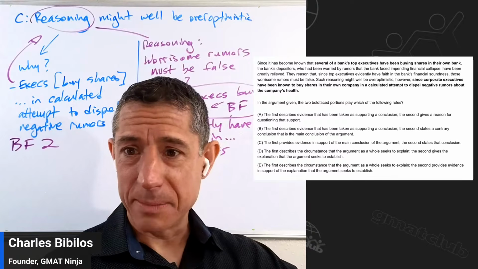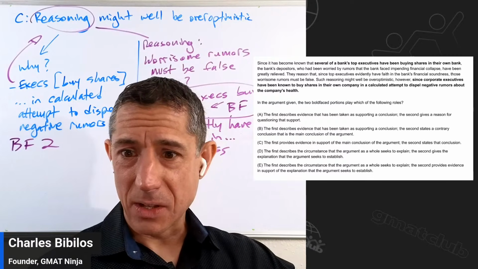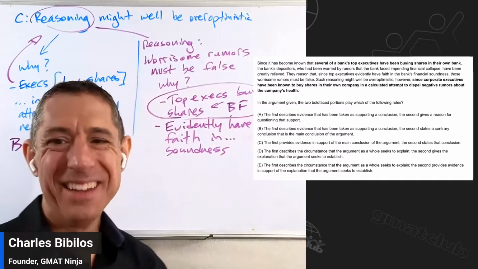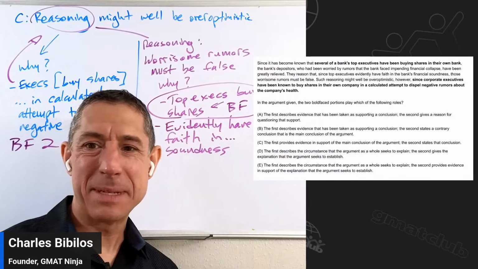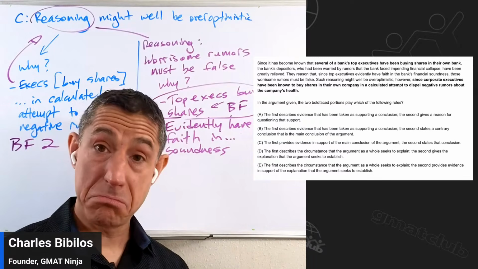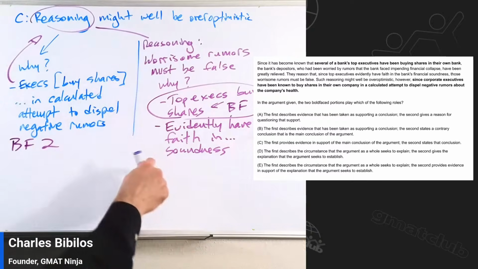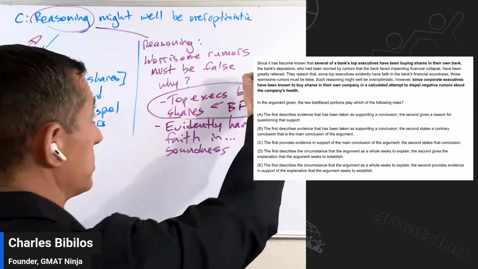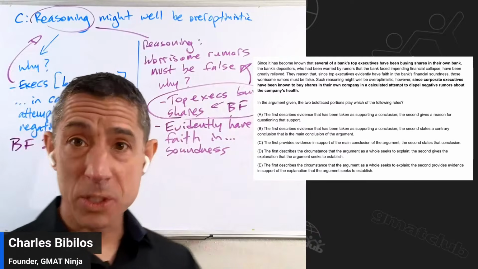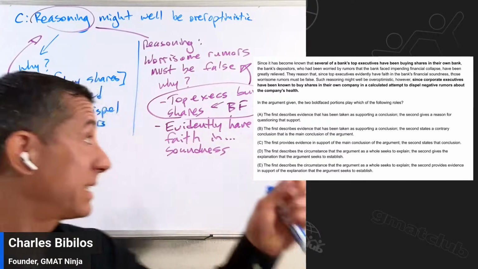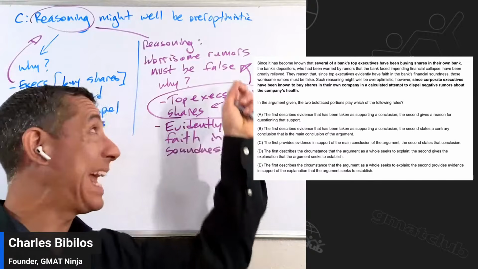Oh, this is great. I'm seeing all kinds of arguments here in the live group. Awesome, guys. So A, the first describes evidence that has been taken as supporting a conclusion. Yeah, exactly, that's exactly right. This is being used to support this conclusion, the worrisome rumors must be false. Is it the author's conclusion? No. But is this evidence that has been taken as supporting a conclusion?